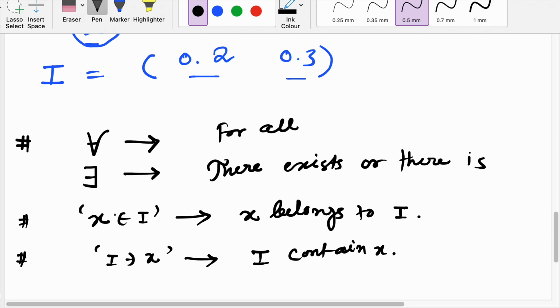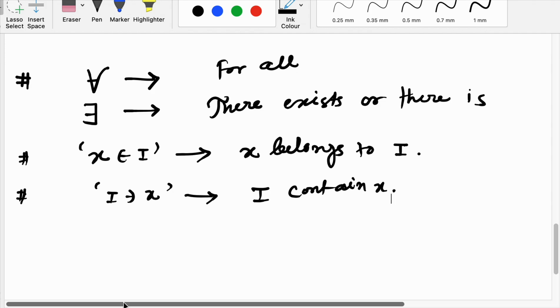So here I is given, the interval is given, and x is a number which belongs to I. Here x has been given to you, but I is any interval which contains x.